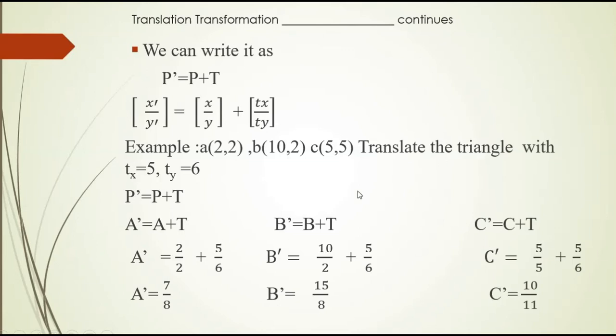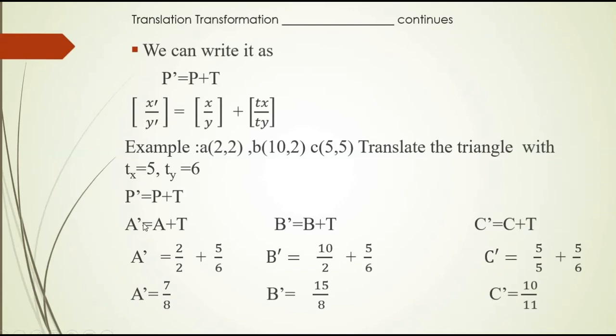Translate the triangle with tx equal to 5 and ty equal to 6. So here is the equation for getting the new translated position, that is P dash is equal to P plus T.